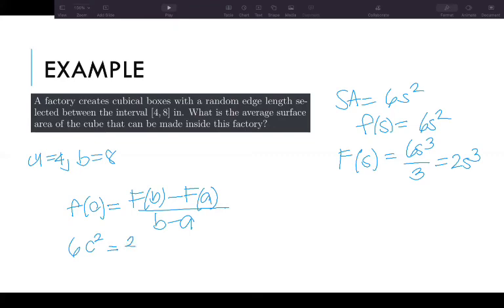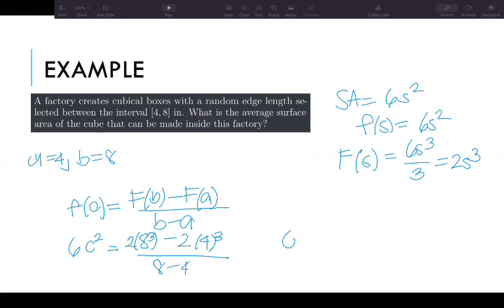We have 2s cubed, with s equals 8 for big F of b. So we have 2 multiplied by 8 cubed minus 2 multiplied by 4 cubed all over 8 minus 4.